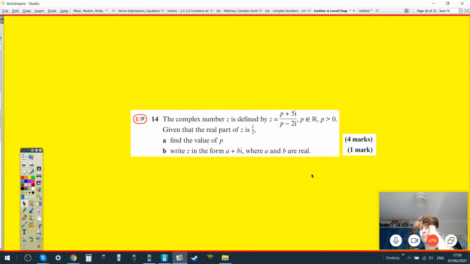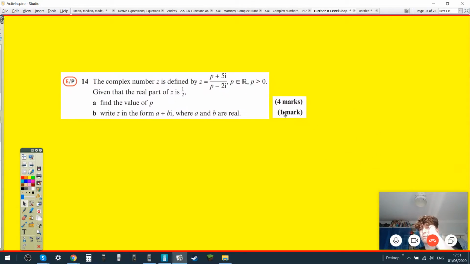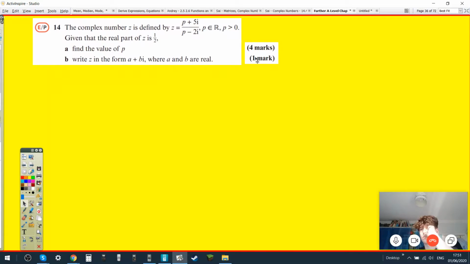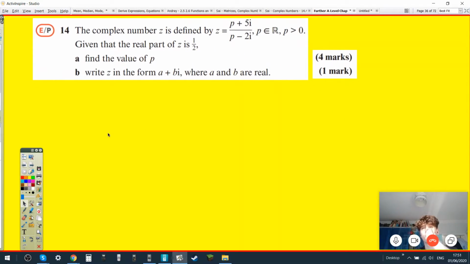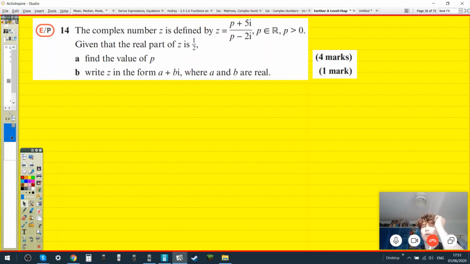Find the value of p, given the real part is a half. Any idea how we're doing this one? The complex number z is defined as z equals p plus 5i over p minus 2i.